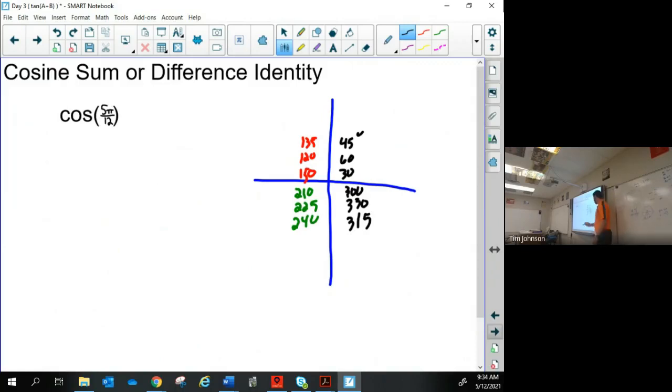We're going to change this now. We are not going to do any of this in degrees, but instead we're going to do it in radians. 30 degrees is the same as pi 6. We have pi thirds, and we have pi fourths.